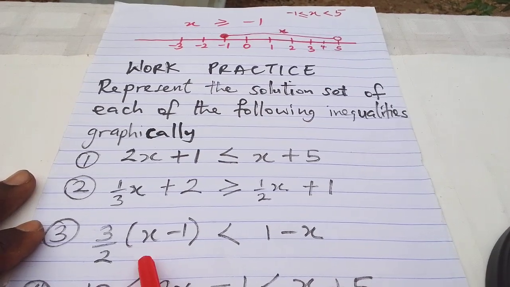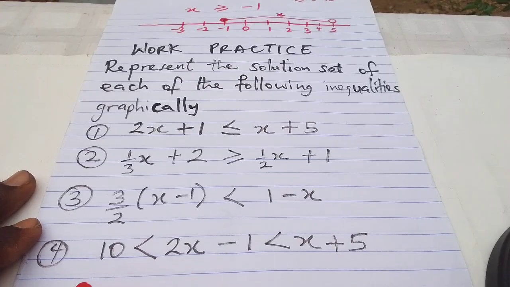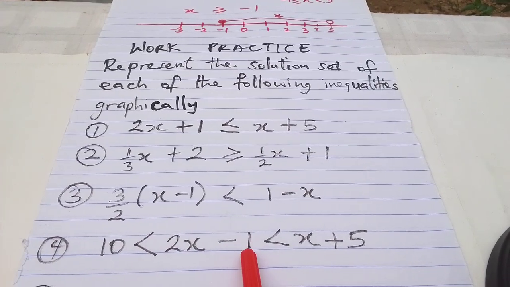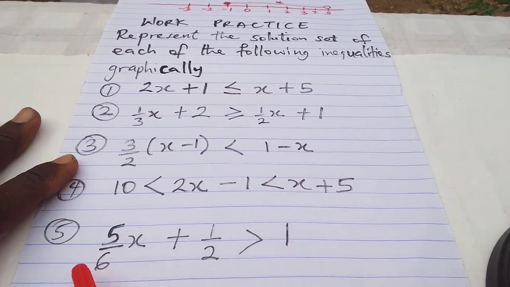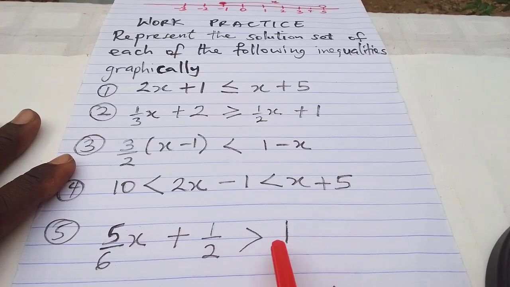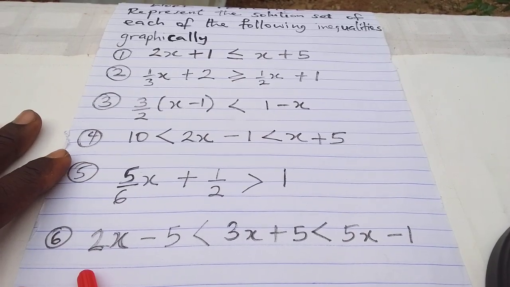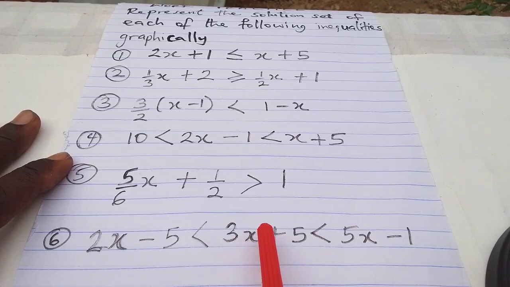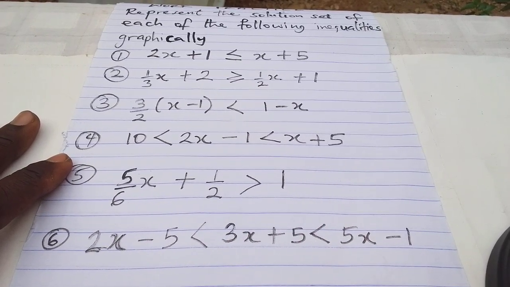Number 3: 3 into bracket x minus 1 less than 1 minus x. Number 4: 10 is less than 2x minus 1 and x is less than x plus 5. Then number 5: 5 over 6 x plus 1 over 2 is greater than 1. Number 6: 2x minus 5 is less than 3x plus 5 and less than 5x minus 1.